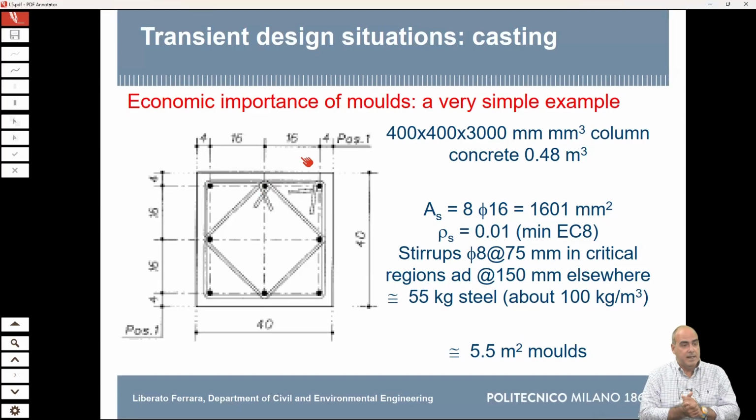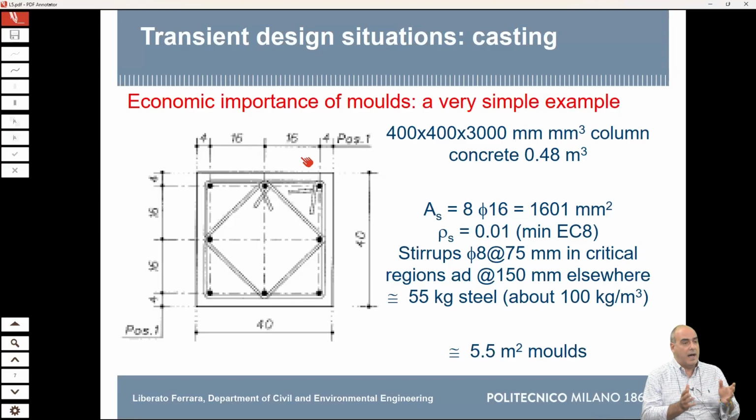But okay, I made a simple calculation, and you use 8 millimeter steel hoops because, as a matter of fact, you don't find lower diameter bars in high ductility steel, which is the one that you require for seismic applications. Spaced at 75 millimeters in the critical regions, top and bottom of the column, and 15 centimeters elsewhere, which complies with the code.